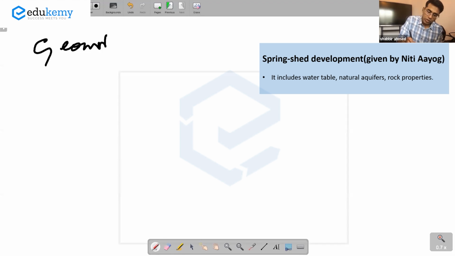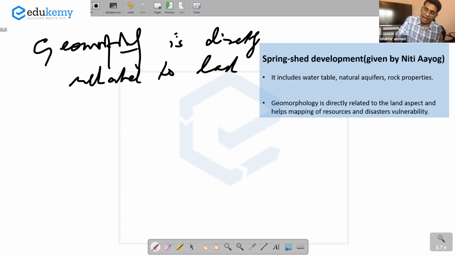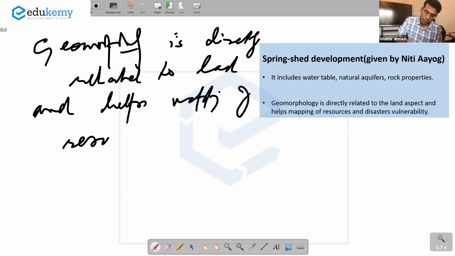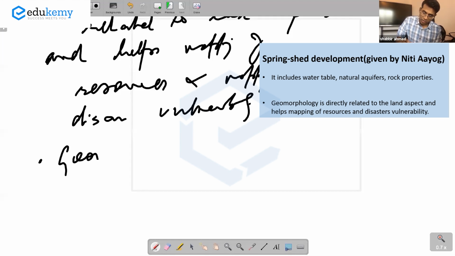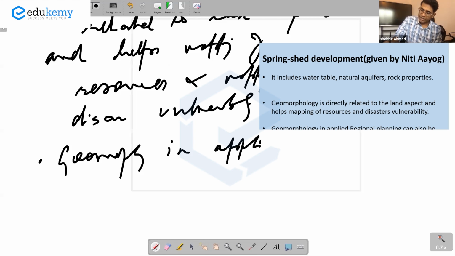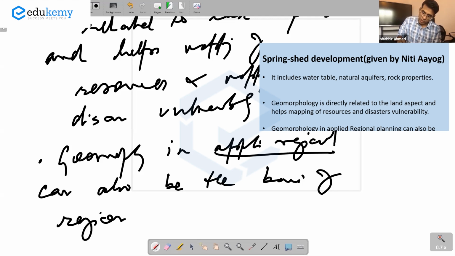Then you say geomorphology is directly related to the land aspects and helps mapping of resources and helps mapping of disaster vulnerability.